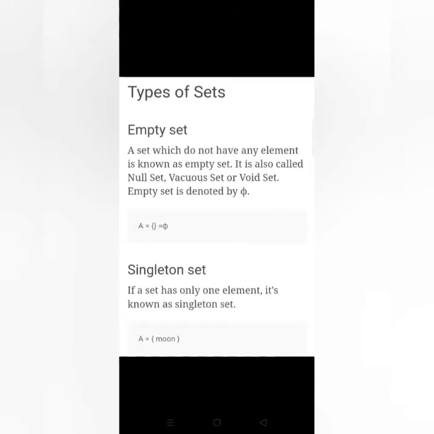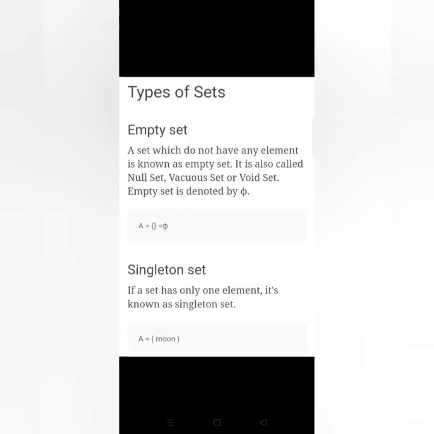First one, empty set. A set which does not have any element is known as empty set. That is, a set consisting of no element is called the empty set. It is also called null set or void set.